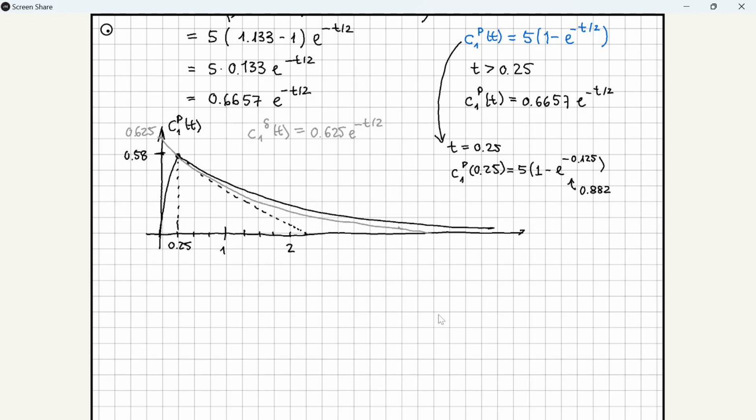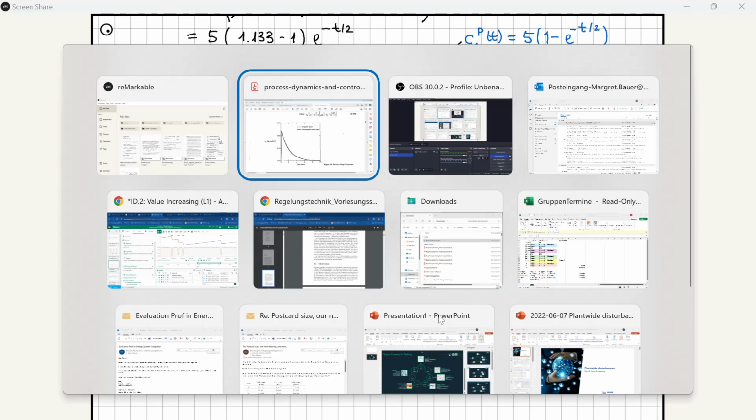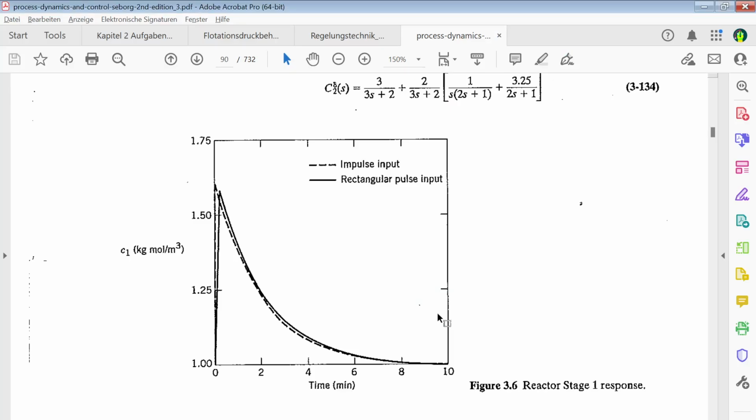Okay. So if I quickly switch to the book, this is exactly what it looks like, only it's more condensed, more squashed. I've got a higher amplitude, but this is exactly what you see here. These two functions almost look identical because the only difference is the very short time of the pulse.